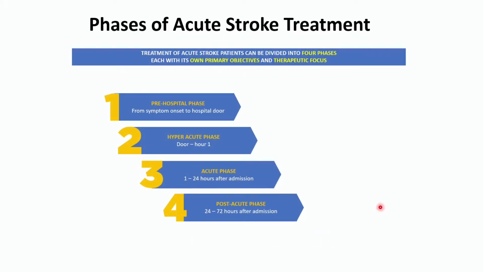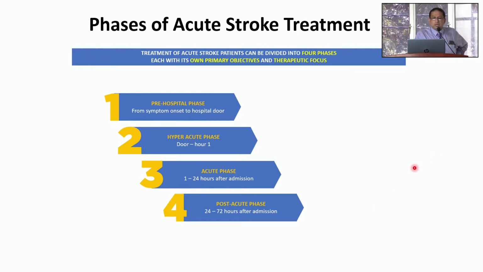If you take the phases of acute stroke treatment, you can see the different phases here. In our country, the pre-hospital phase was not very well developed, but now with the availability of the 199 Suwa Seriya ambulance service, it is getting developed.